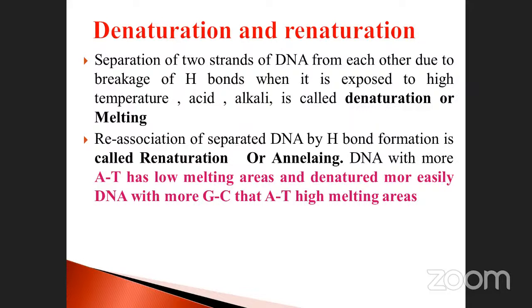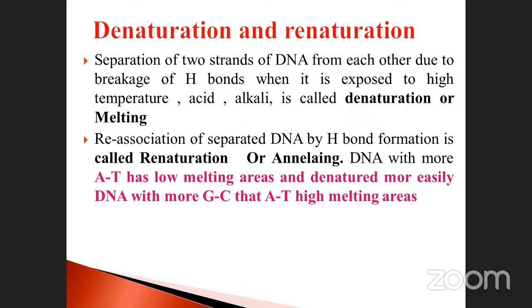DNA with more AT has a low melting point. Don't forget, my dear, DNA with more AT has a low melting point and denatures more easily. DNA with more GC has a high melting point. Why? The adenine area will have a very low melting point. Suppose if it is a guanine and cytosine area, it will be a high melting point.